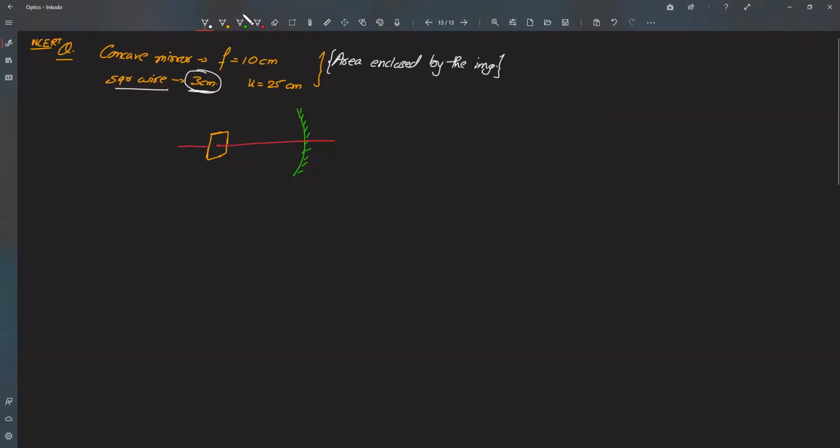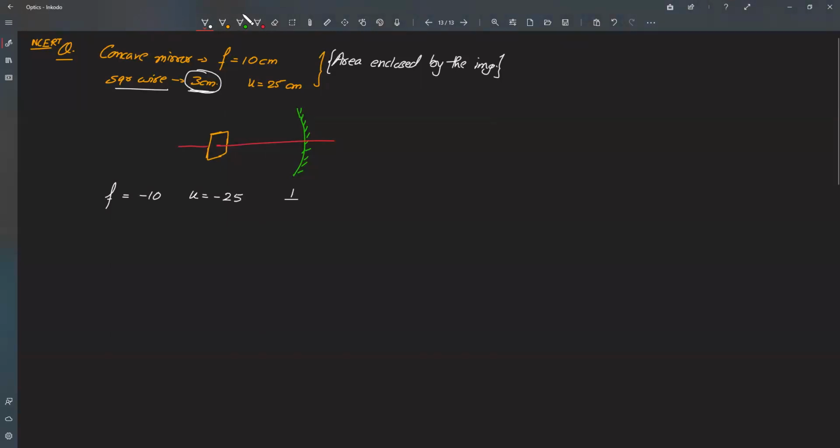So V is 7.1 centimeter. Let us see. F is -10, U is -25, for the concave mirror.